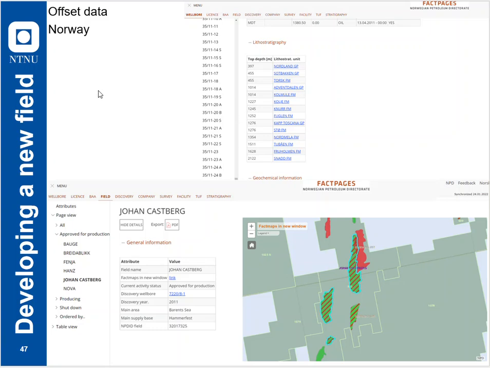In Norway, it's quite comprehensive what you can find. Very, very good resources when you find yourself in a situation where you're developing a field and you absolutely have no data.